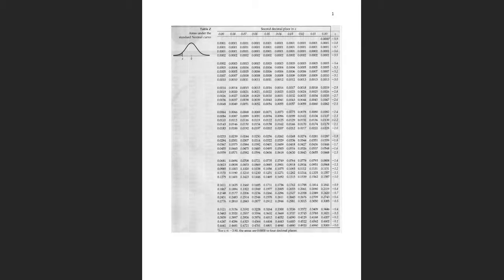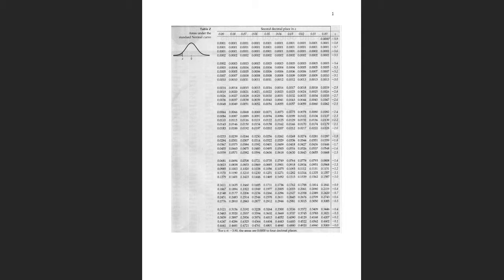The column all the way to the right has all the negative values of z, our z score. They're all negative values. In the center, you see a bunch of numbers. Those numbers are probabilities. So these are the different probabilities associated with the z-scores. The graph on the top left is your standard normal curve. Now remember, one of the properties is that the entire area under the curve is equal to 1, or the total probability is equal to 1.